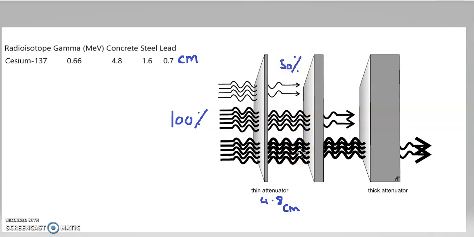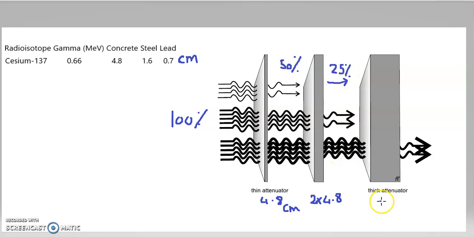transmitted. What about if I have two layers of concrete, 2 times 4.8 centimeters? That means that 75% of the radiation will be absorbed and only 25% will be transmitted.